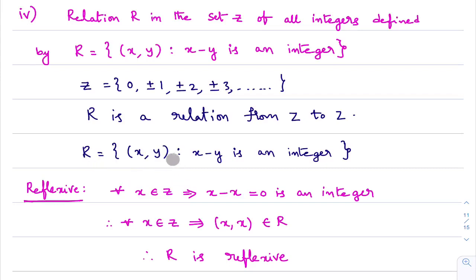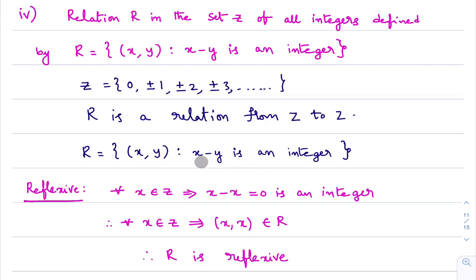Which order pairs will be there in this relation? See here, x is an integer, y is an integer, x minus y is an integer. You take any 2 integers and subtract. Suppose 4, 3. 4 minus 3 is 1. Is it an integer or not? What I am trying to say is, when x is an integer, y is an integer, is x minus y an integer or not, we are checking.